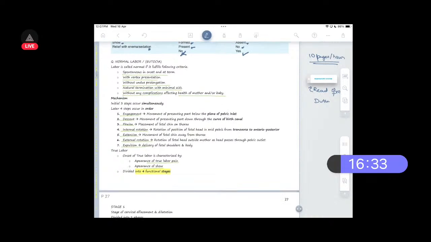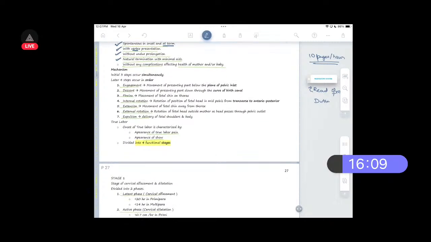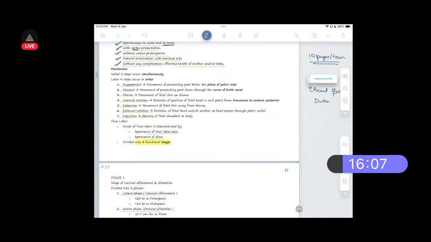Then, normal labor or eutocia. Normal labor is called normal if it fulfills the following criteria. First, it is spontaneous in onset at term, with vertex presentation, without undue prolongation, natural termination with minimal aids, and without any complication.